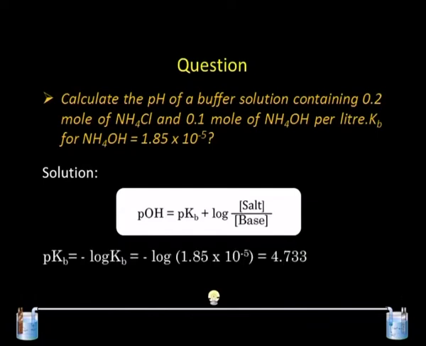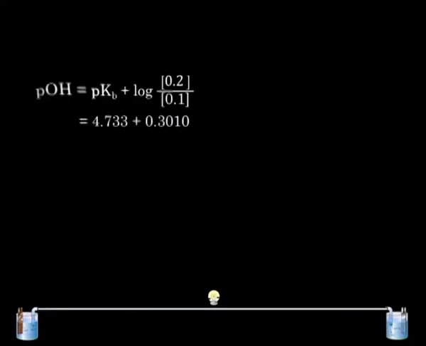Now, pKb is equal to minus log Kb, which is again equal to minus log 1.85 into 10 to the power minus 5, which is a given value, and this becomes 4.733.